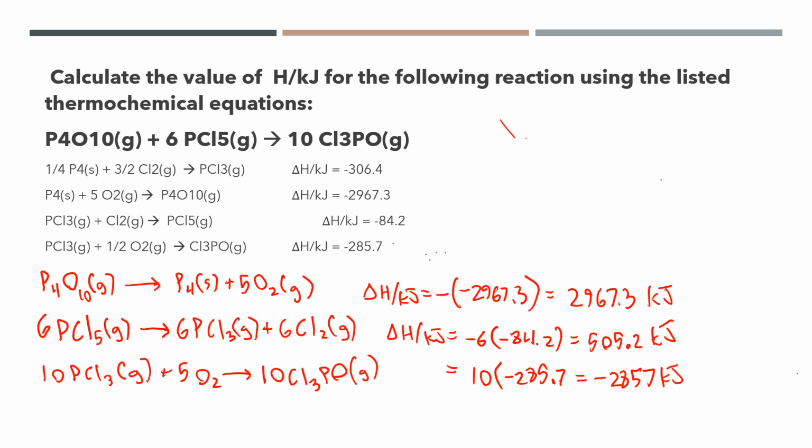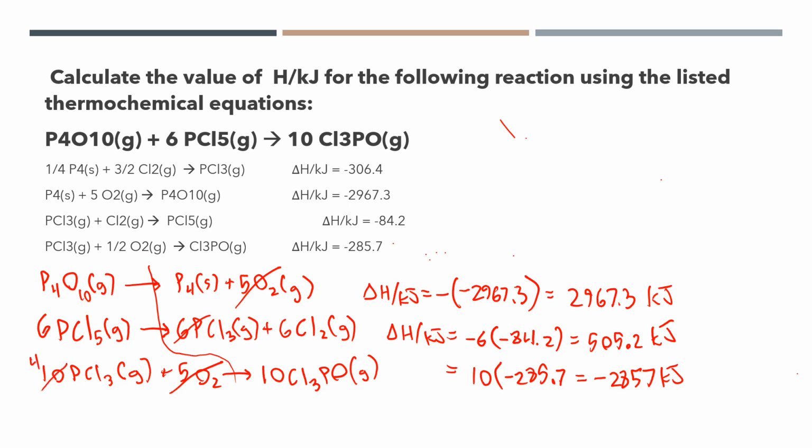So now we have all of our players. Let's look and see what we have so far. What do we have? These 5 oxygens here are going to cancel out, because we're looking at this side here. And this right here is going to cancel out 4 of them. So we still have 4 remaining.